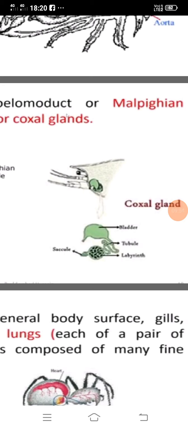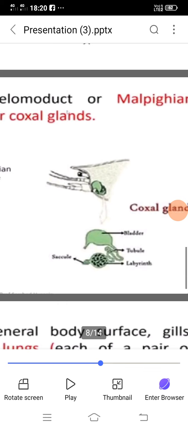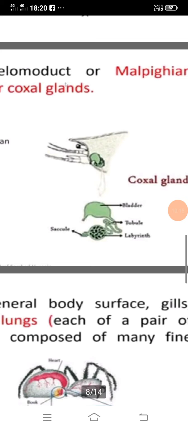The bladder is filled, it gives it outside through the pore. This is coxal gland or the green gland. As you can see, this is the anterior most, the head region of the arthropod. In the head region, the coxal glands are located over there and excretion takes place from there.